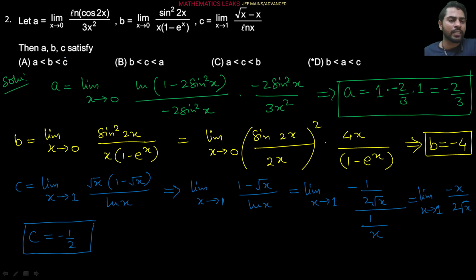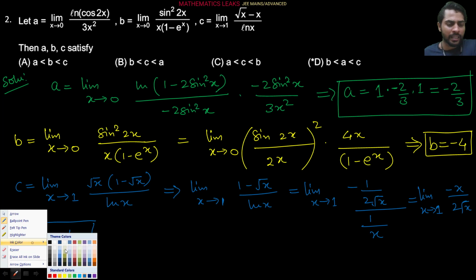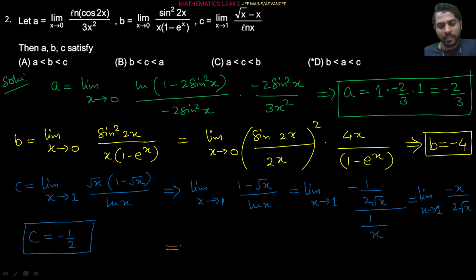So which order is satisfied here? Here you can see a is minus 2 by 3 and b is minus 4 and c is minus 1 by 2. So among a, b, c, the smallest is b. B is smaller than both quantities, and among a and c, minus 1 by 2 and minus 2 by 3, the smaller one is minus 2 by 3 because of the negative sign, correct now?